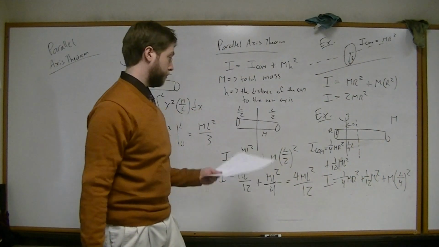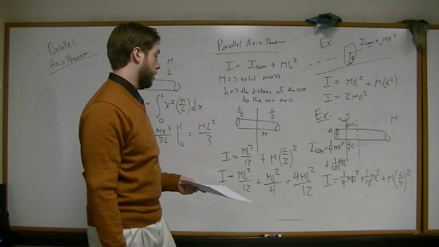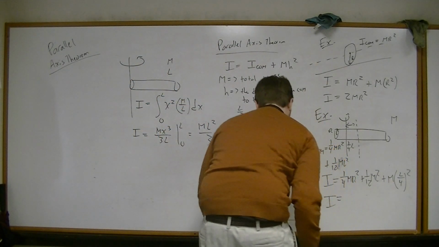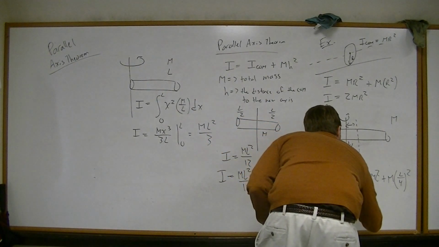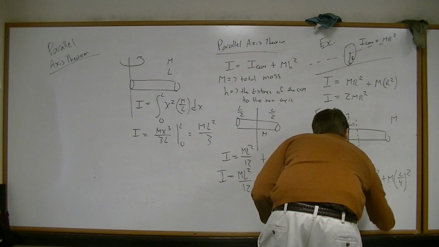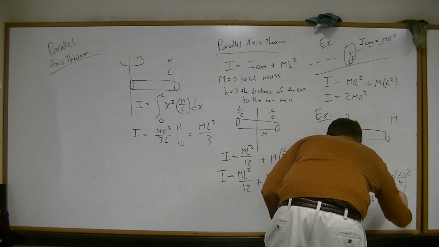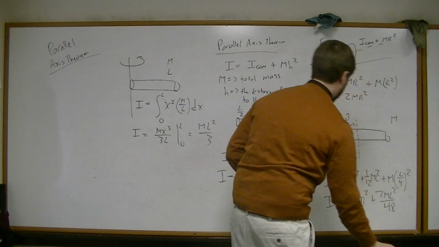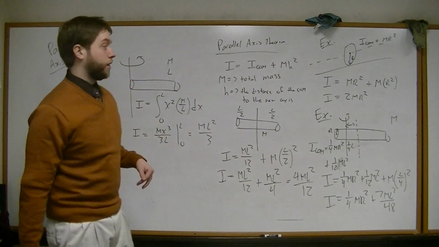Okay? L over 4 squared. Let you guys do the math on that one, but you should get that the rotational inertia is equal to 1/4 mr squared plus 7 ml squared over 48. Sorry, this got a little messy.